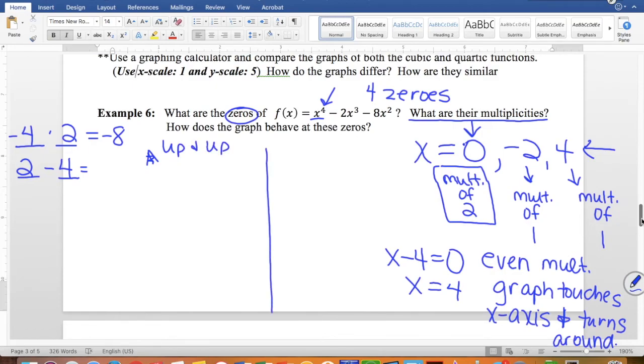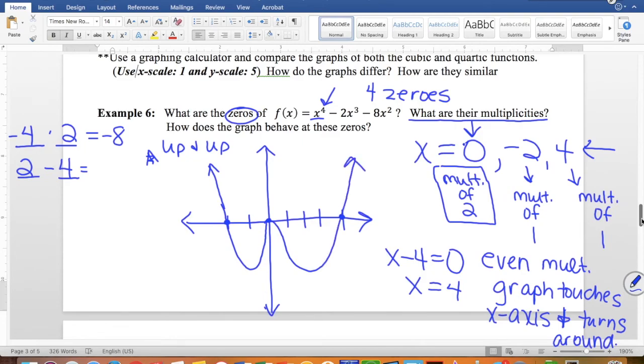So if this were my graph, here's my x and y axis. I know I have a 0 at negative 2, and I know I have a 0 at positive 4, and I know I have 2 zeros here. So I know I'm going to go up and up. I have no idea exactly how this is going to look, but it's going to do something like this, and then it's going to curve and touch and turn around.